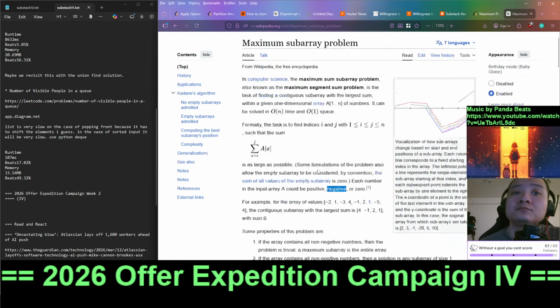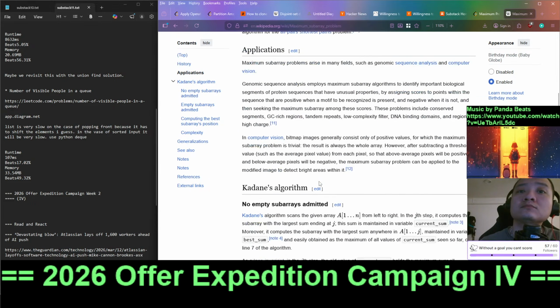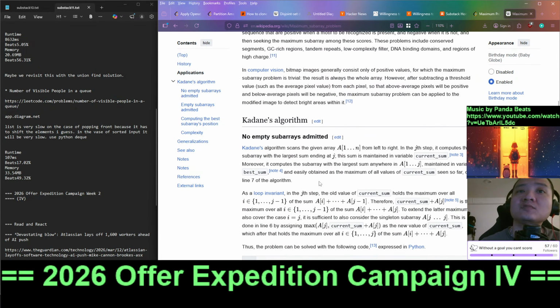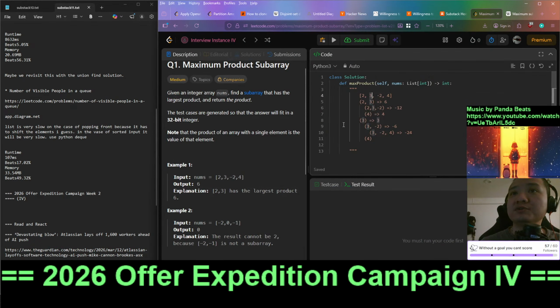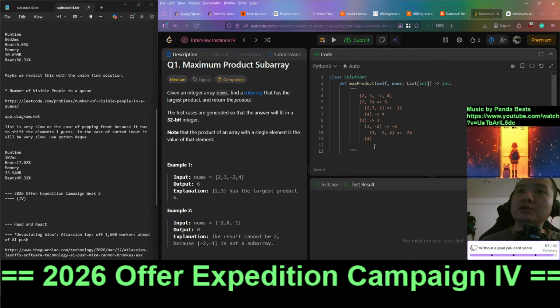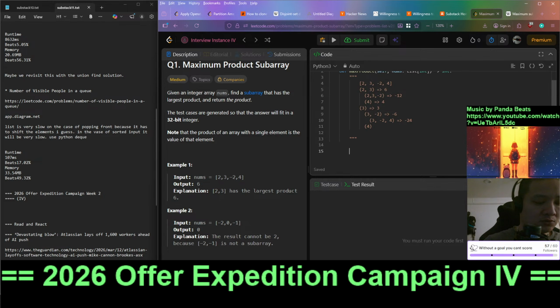Okay. Kadane's algorithm. So this looks like a Kadane's algorithm or something. Right. So does Kadane's algorithm work? Or we just keep doing what we're doing here, right?